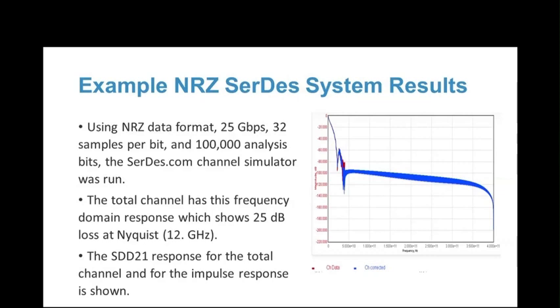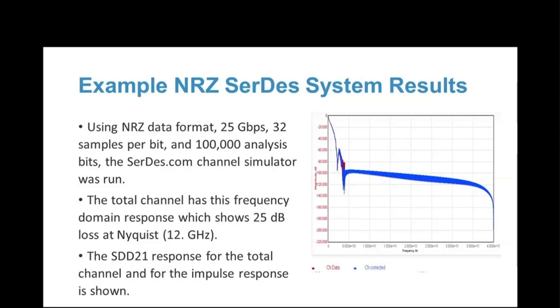For the current SerDes system, each of these total channel blocks were represented with S parameters using NRZ data at 25 gigabits per second, 32 samples per bit with 100,000 analysis bits. The SerDes system was set up in the SerDesDesign.com channel simulator, and here are some test cases.